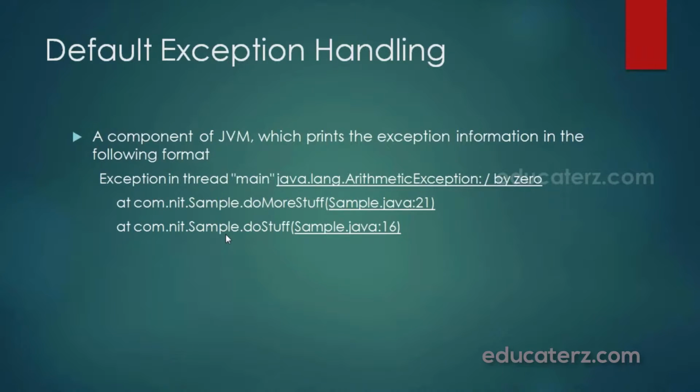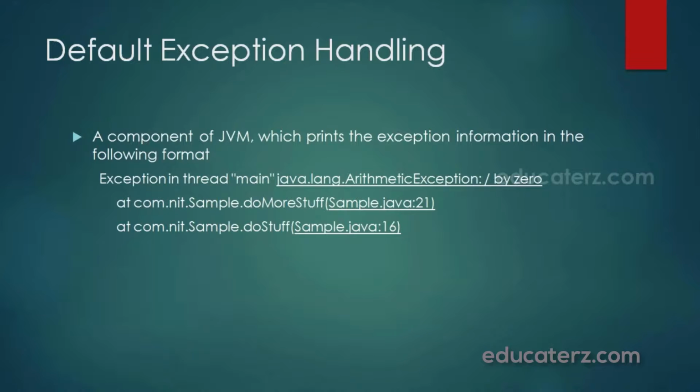Whenever an exception occurs, the method in which it is raised is responsible for the preparation of the exception object. That object includes information like the name of the exception, like java.lang.ArithmeticException, the description, which is divide by zero, and the location where the exception occurs, that is nothing but the stack trace. After creation of the exception object, that method hands it over to the JVM.